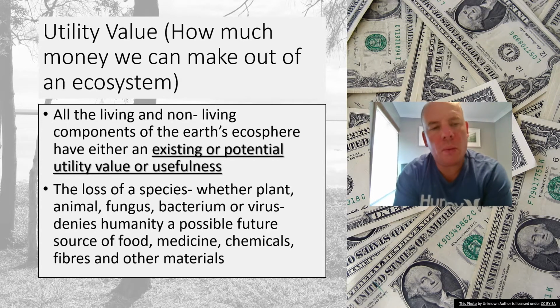So when we talk about utility value, a reason behind why we manage certain ecosystems, what we're talking about is how much money we can make out of an ecosystem. Now, everything living and non-living, all the components on Earth, have some sort of potential or existing utility value or usefulness. What do I mean by that?